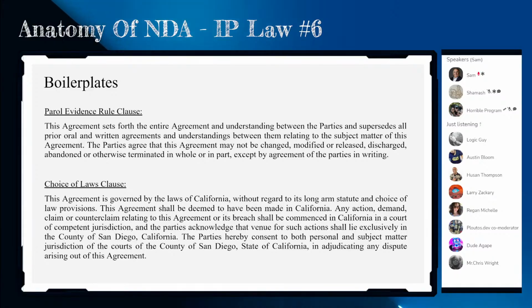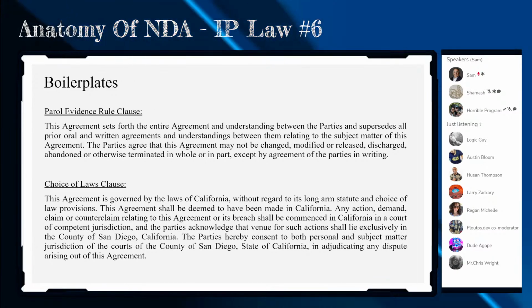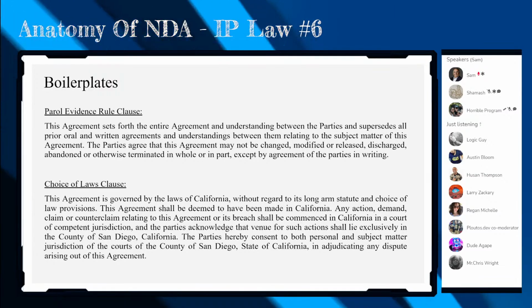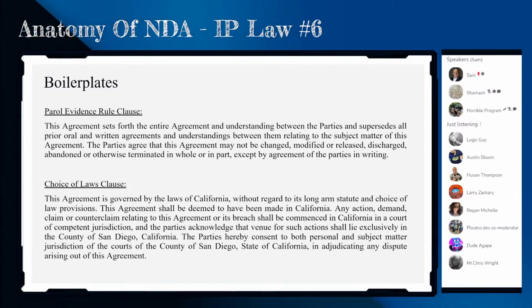Meaning what? Meaning everything that we do has to be in writing. You want to end the agreement, that has to be in writing. You can't just call me up and say, hey, I'm ending the agreement. You have to do it in writing. And everything we agree to is in this contract.